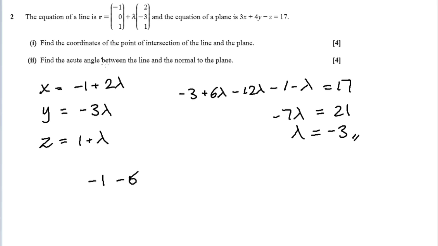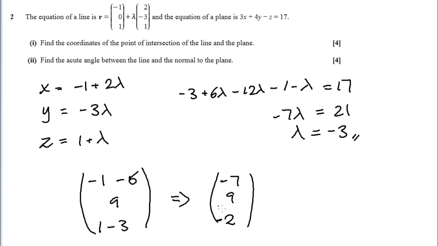Then on the y, we have -3 lots of -3, which gives me +9. And for the bottom, we have 1 plus -3, as my x, y, z coordinates, which will eventually give me -7, 9, and -2.